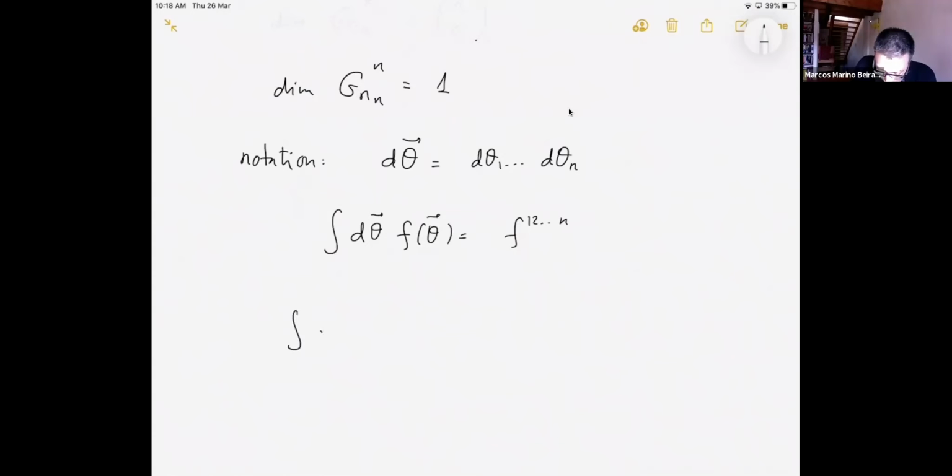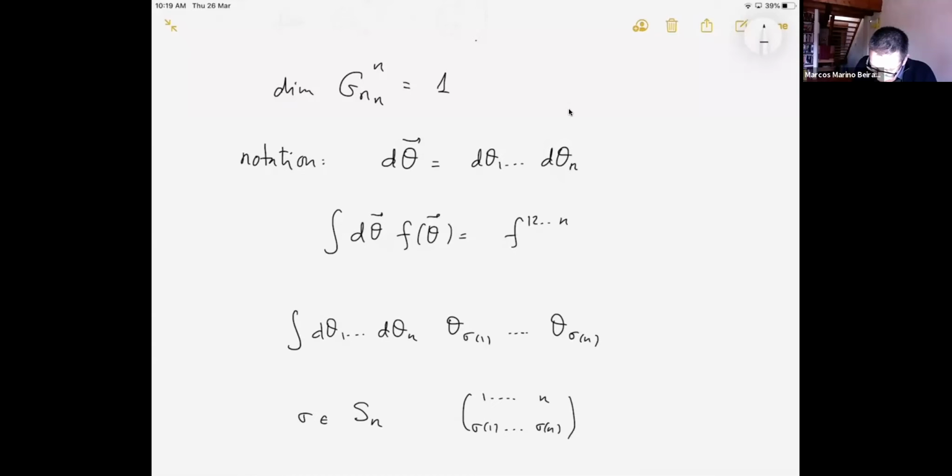So at the end of the day, the only thing that you really need in order to do the Berezin integral is a formula for a sequence of n thetas, but in any order. Since we are sophisticated mathematicians, we are going to denote an arbitrary order by a permutation. So sigma is an element of the permutation group of n elements. This means that this is not necessarily in the right order.